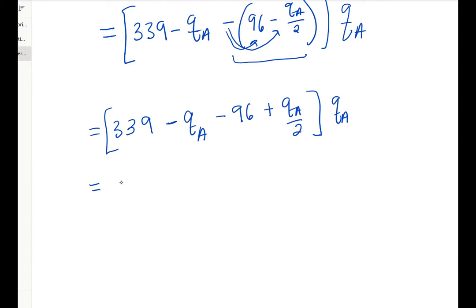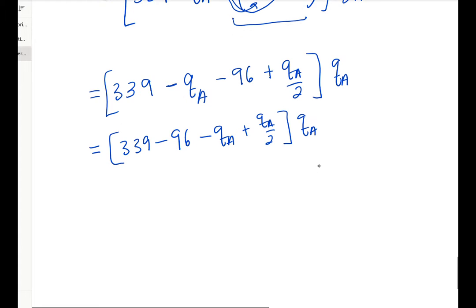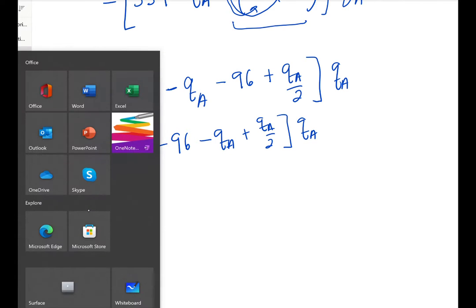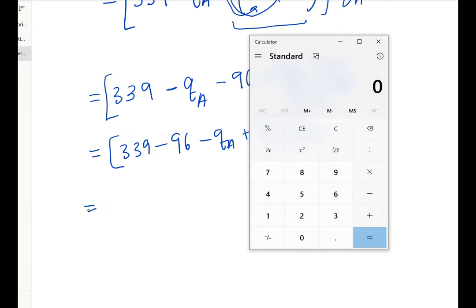This is equal to, we can collect like terms, 339 minus 96 minus QA plus QA over 2, times QA. What is 339 minus 96? On the calculator, 243.